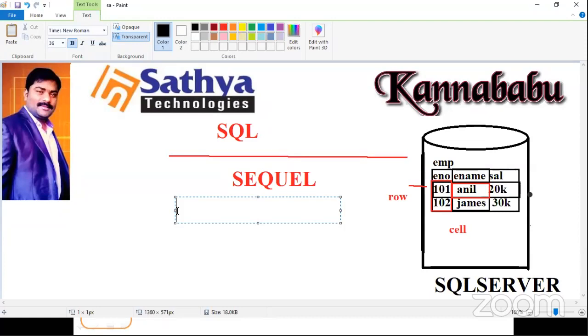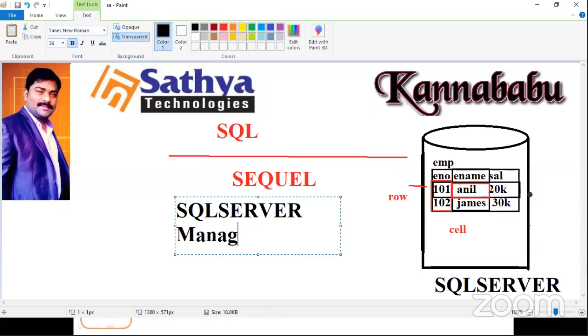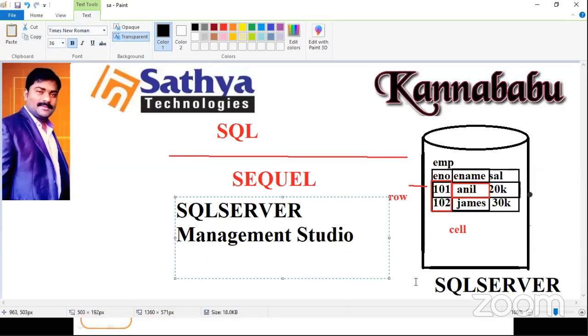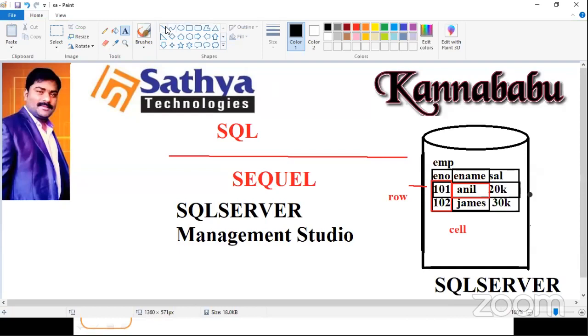The editor that we'll use is SQL Server Management Studio. For Oracle, you have SQLite, something like that. Don't confuse these three words.